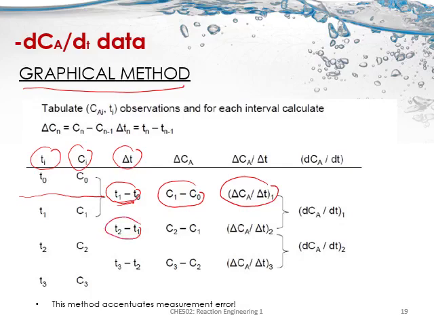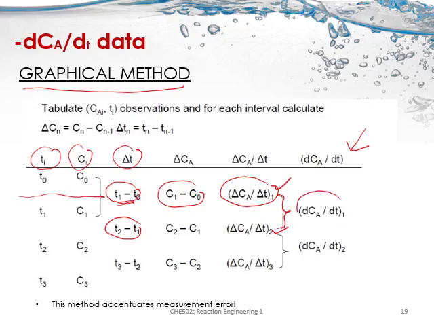The second row for delta t is the combination of data between t1 and t2. I hope it's clear. If you look at the last column, that is the negative dCA over dt that we are going to use to plot the graph. So dCA over dt comes from the information from the first row and second row.